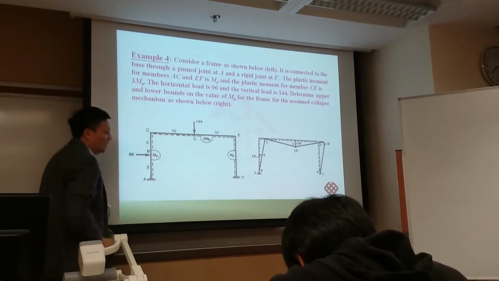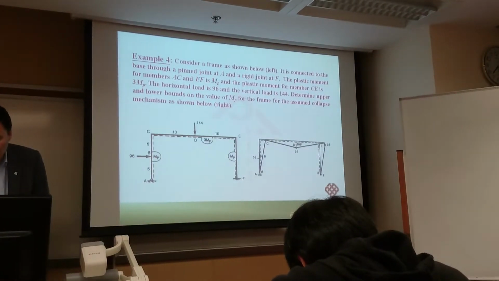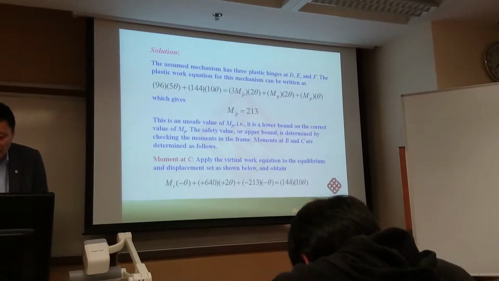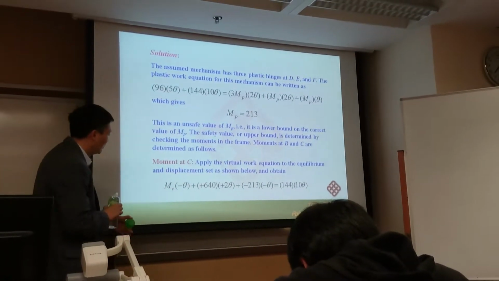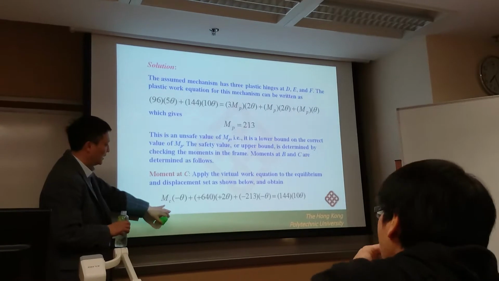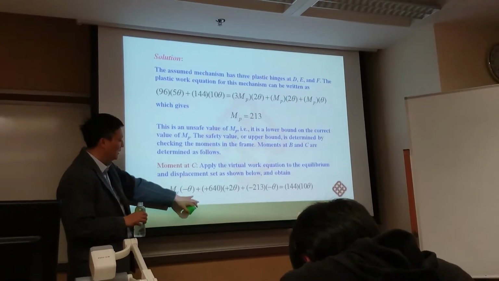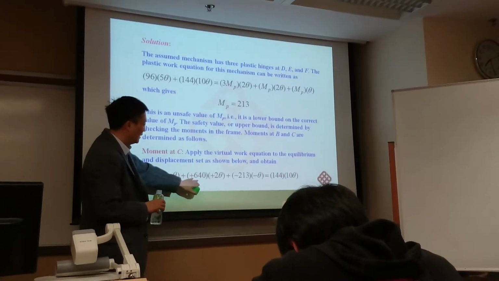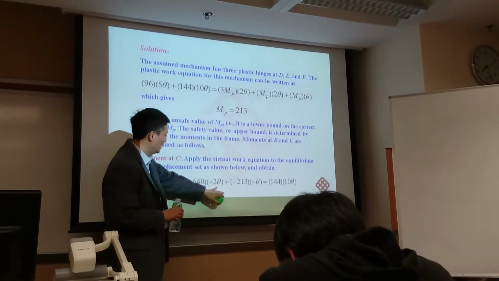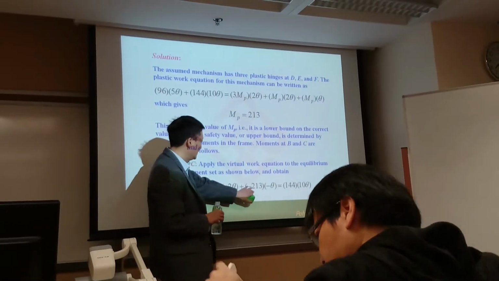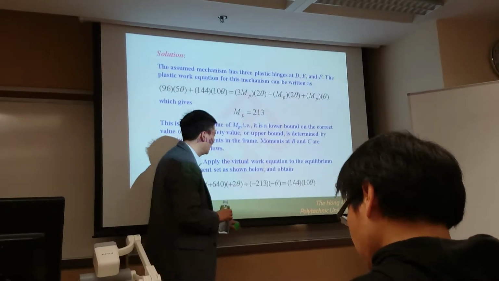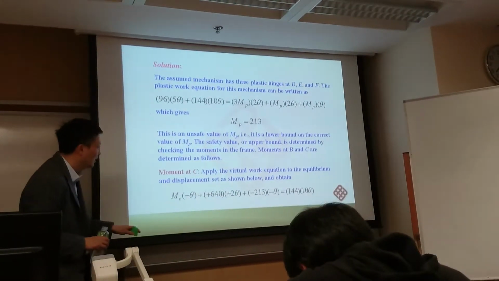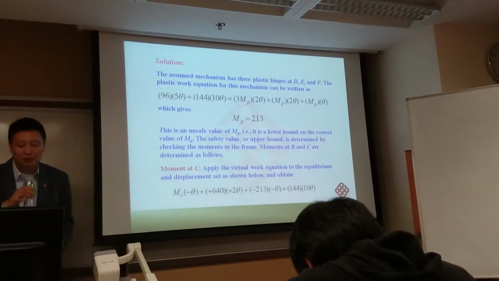So we can establish a moment check equation. MC is unknown. So negative 1 theta, and this is 3 MP, and this is positive 2 theta, and here is a negative times a negative 1 theta. From this equation, we can calculate the moment at C.